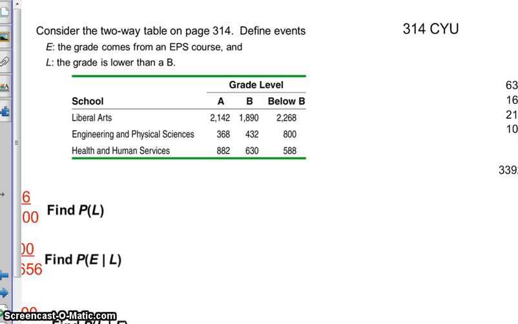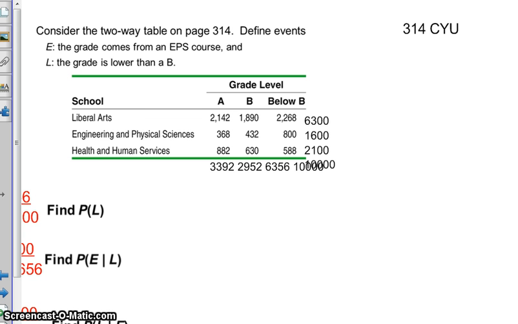One thing we always talk about with two-way tables is that before we get started, always fill in your marginal distributions. When we're looking at the probability that their grade is lower than a B, we're looking out of everybody.